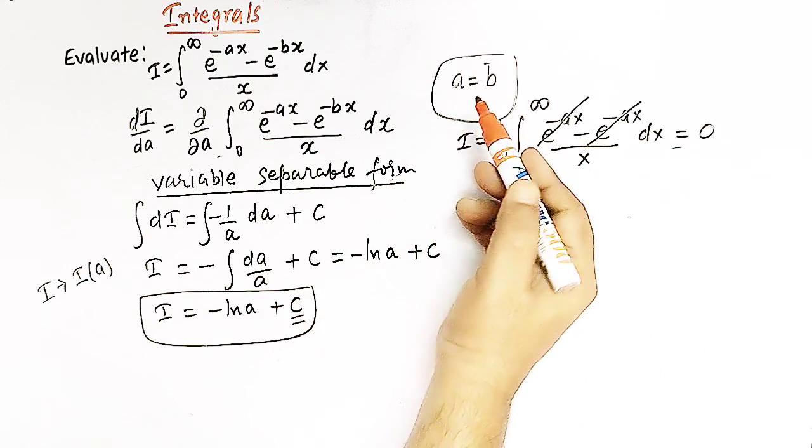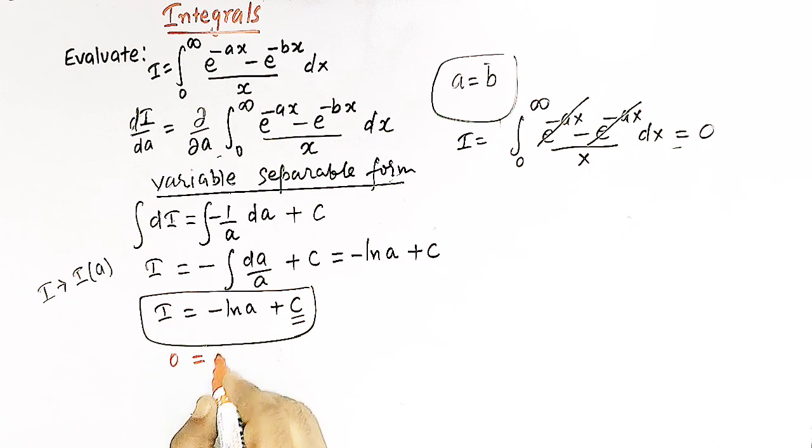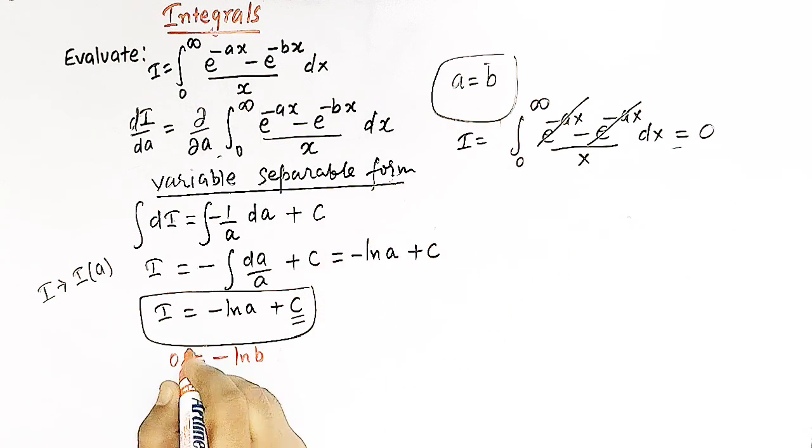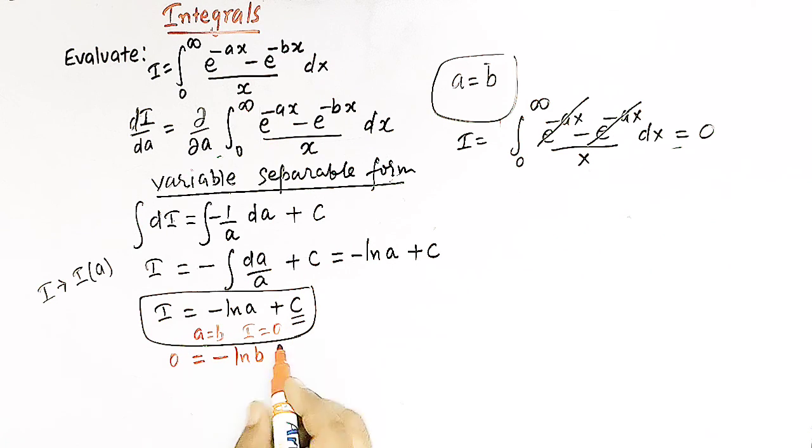So let us apply this condition to this equation. So I is equal to 0. Here we have a negative of natural log of b, because we are taking a is equal to b, then I is equal to 0, and here we have c, right?